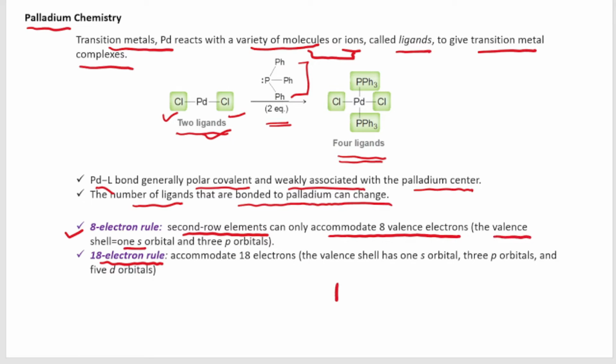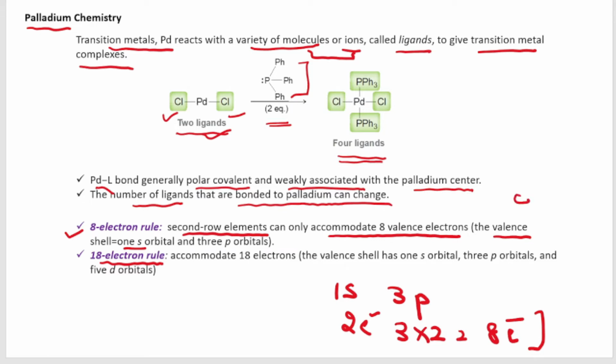The valence shell has 1 s orbital and 3 p orbitals, and we know 1 orbital can accommodate 2 electrons, so you can accommodate a total of 8 electrons. When second row elements accommodate these 8 electrons in their valence shell, they become stable. You can take examples like oxygen and nitrogen.